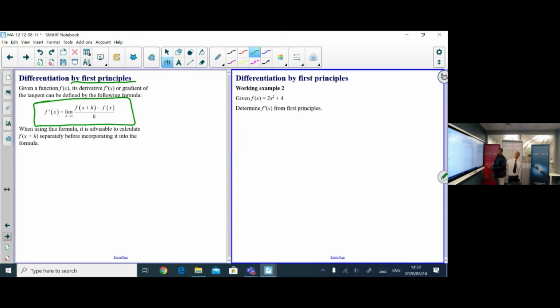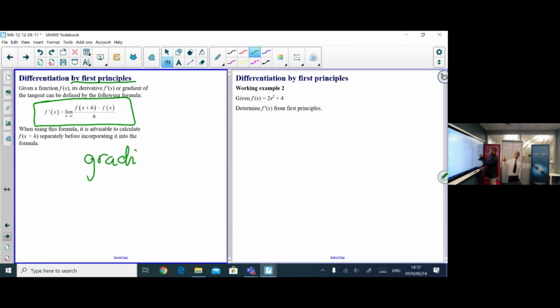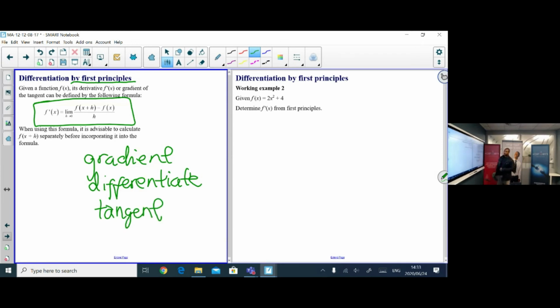One of the things I want to mention is that whenever you hear the word gradient, just think of differentiating. The moment you hear the word differentiate or differentiation, just think of differentiating. The moment you hear the word tangent in this topic, you must just think of differentiation.